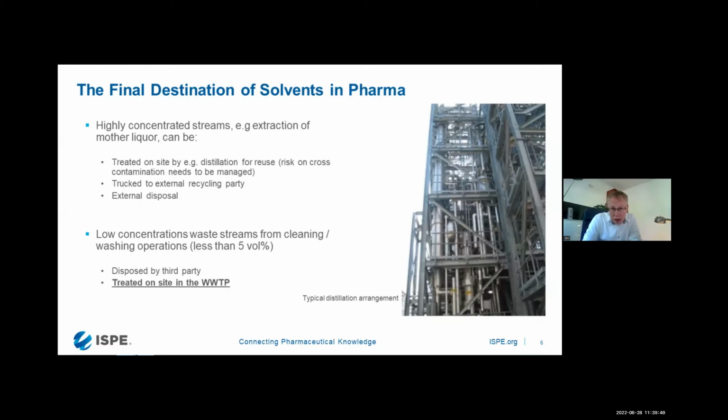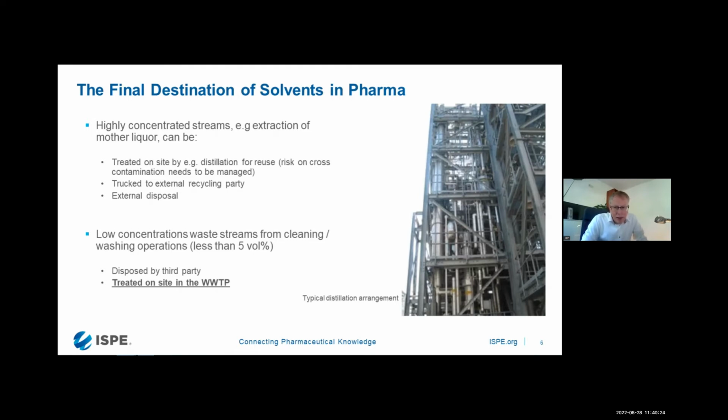Or in some cases, external disposal is also an option, if there is no good way of separating the solvents or improving the quality to such an extent that it can be reused. So for these highly concentrated streams, there are quite a number of options. Then the low concentration waste streams, coming for instance from cleaning and washing operations, and we take an arbitrary range of less than 5 volume percent.